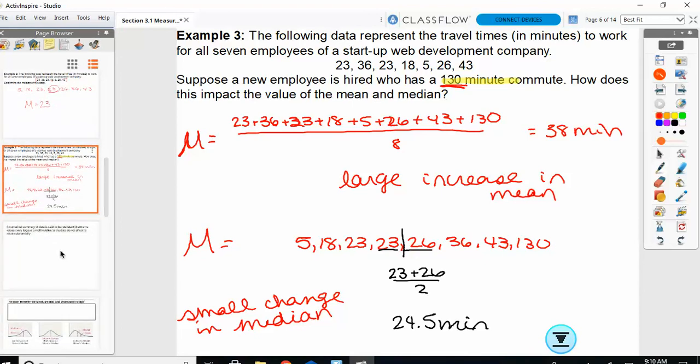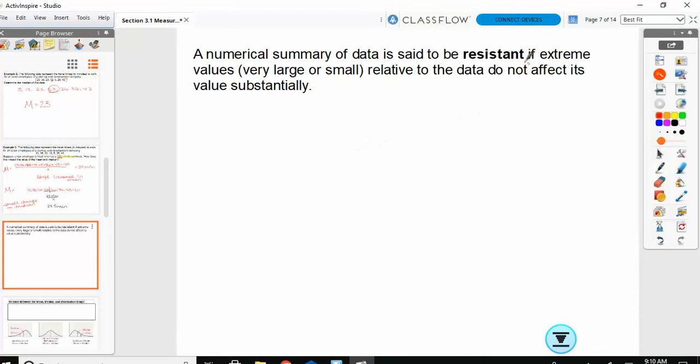It has to do with what outliers, what really big or really small numbers do to our data. So it's resistant if extreme values do not affect its value very much. So resistant is when extreme values do not affect its value.